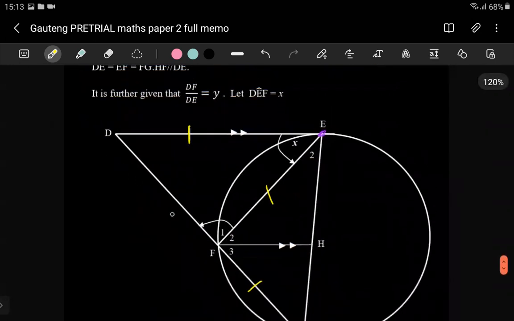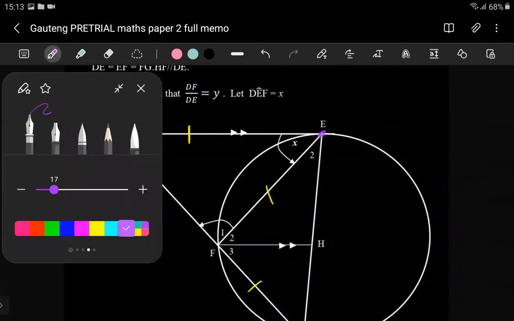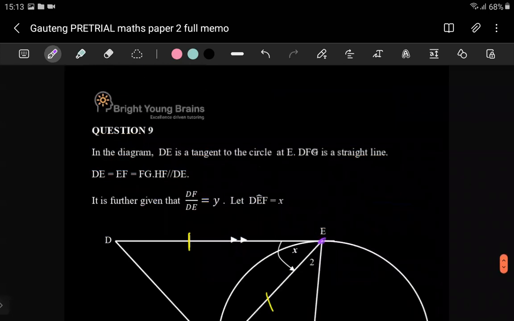DF is this line. DF over DE is equal to Y. So what we can interpret is DF over DE is equal to Y over 1. They're giving us a ratio that we can work with, which is good, I guess.